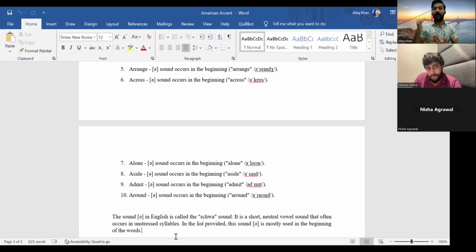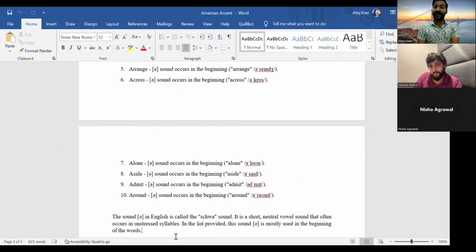When it occurs at the end of words, it might be a British pronunciation. It sometimes also occurs in the middle of words, but mostly it occurs in the beginning of words, okay?